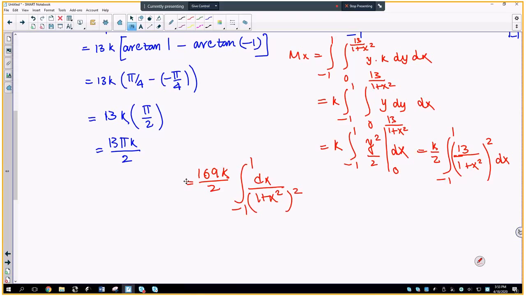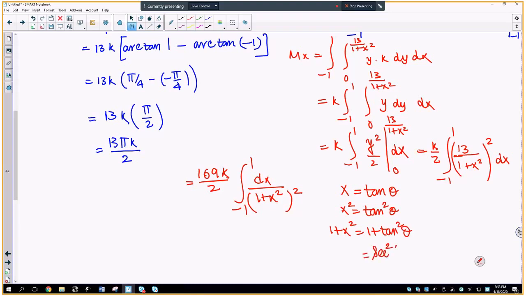At this point, we have to do trigonometric substitution. So I will go ahead and say that x is equal to tangent of theta. So x squared is equal to tangent square of theta. Then when I add 1, I get 1 plus x squared equal to 1 plus tangent square of theta, which is secant square theta.